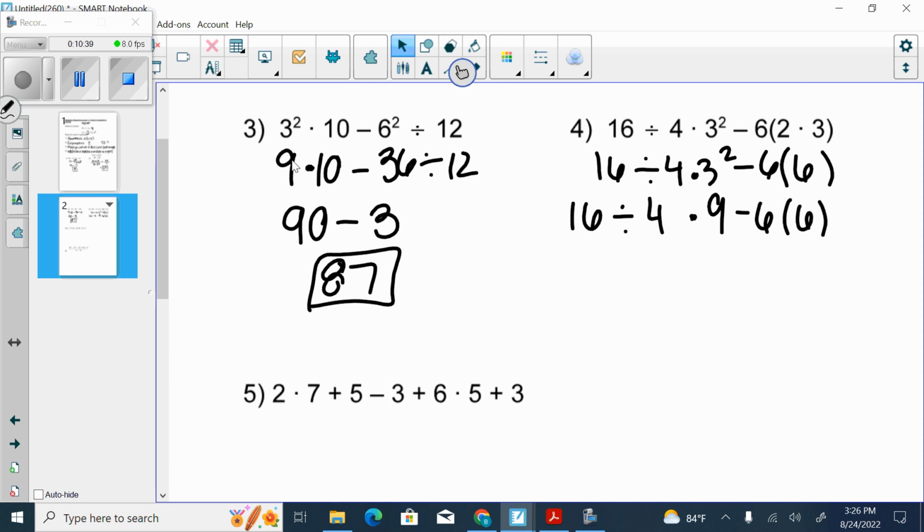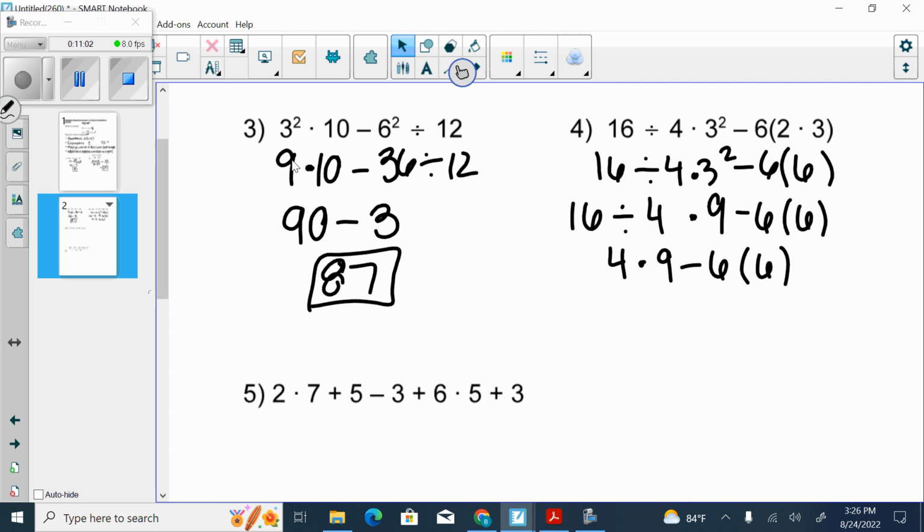Okay. Now what? Multiplication and division, and we work left to right. So first thing we come across right here, what is 16 divided by 4? So I got 4 times 9 minus 6 times 6. Okay.